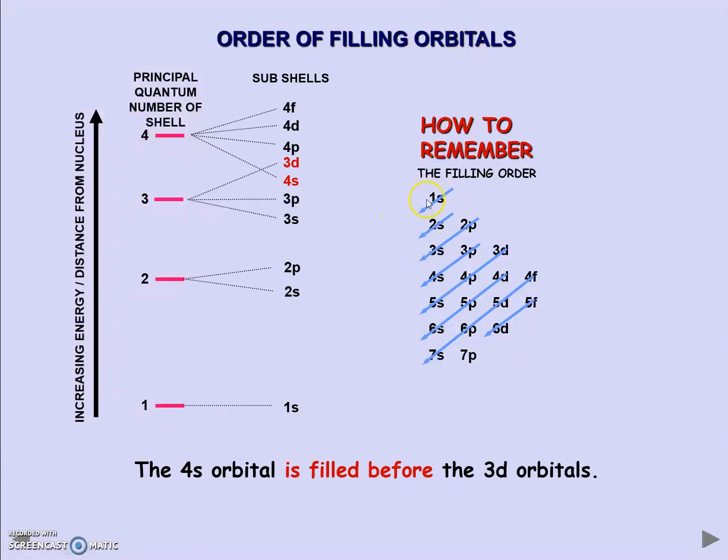Okay, you'll see this kind of template in your booklets, and you've got here the s subshells lined up below each other, the same for the p, same for the d, same for the f. If you draw a series of parallel arrows going through the orbitals like this, then what you'll see is that you fill, first of all, the 1s subshell.